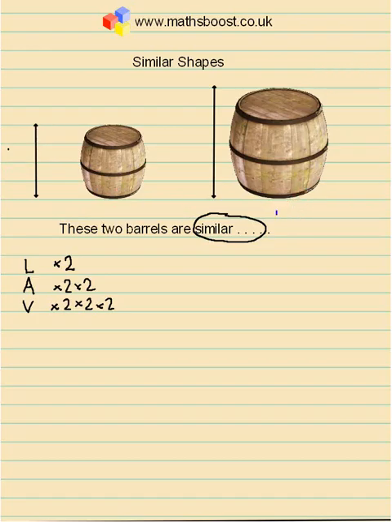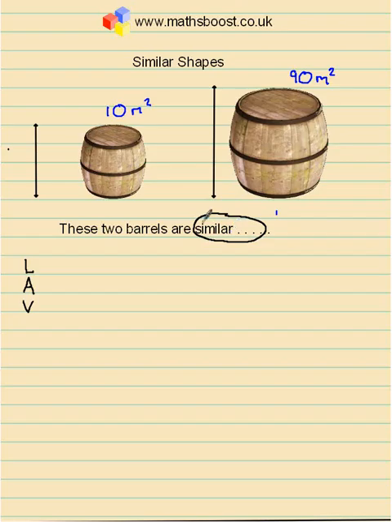I'm going to do it another way around now. I'm going to tell you that the area of this lid is, let's call it, again completely unrealistic, 20 meters squared, and the area of this lid, let's say, is 10 meters squared.